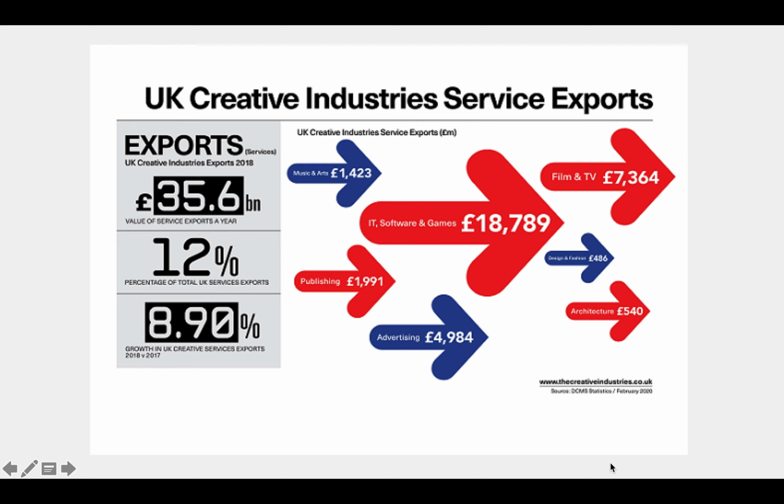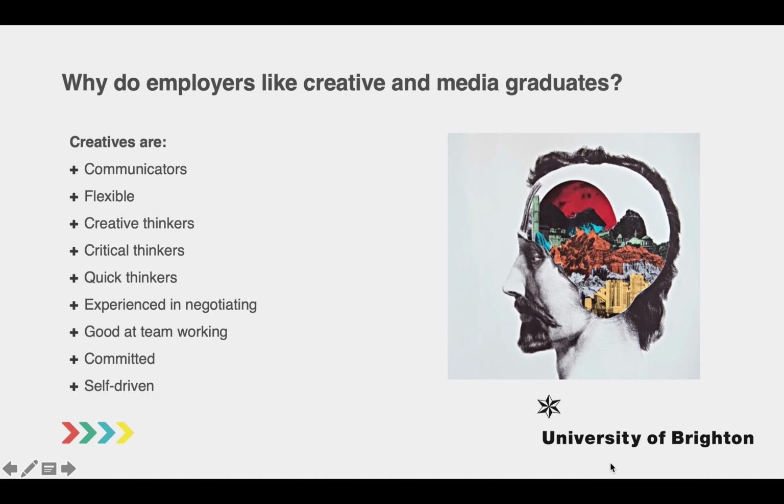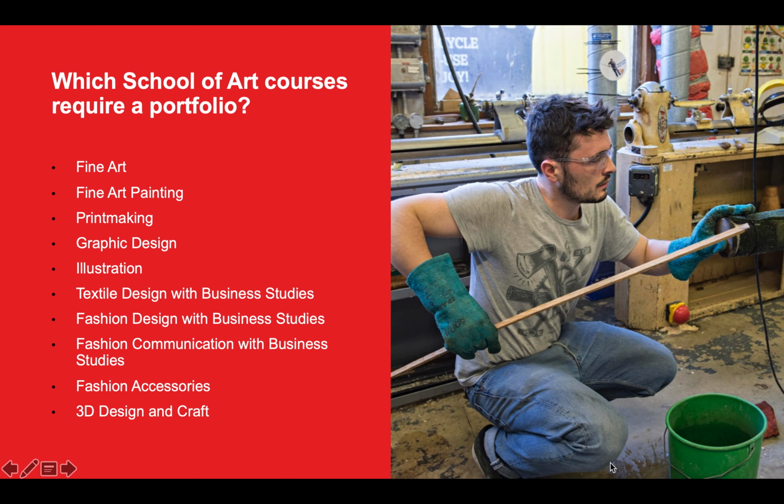All of those things are definitely things that employers are looking for. Employers want people who are creative, flexible, critical thinkers, quick thinkers, good at negotiating and communicating with each other, good at working collaboratively, but also self-driven. All of those are really good attributes to leave a university qualification with.